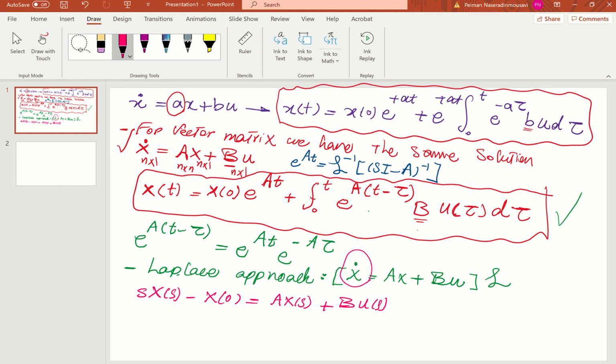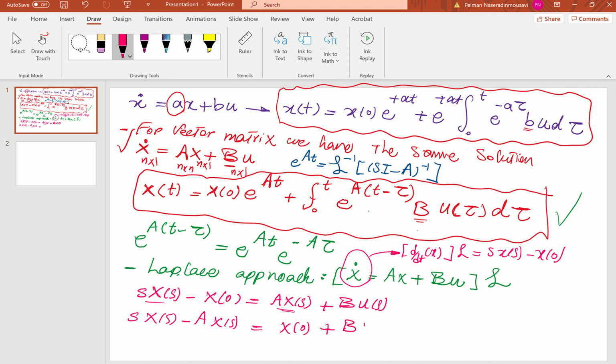For refreshing your mind, the Laplace transform of dx/dt is s X of s minus x at time 0, but here you are dealing with vectors. Now I move terms to get s X of s minus A X of s equal to x at time 0 plus B U of s.